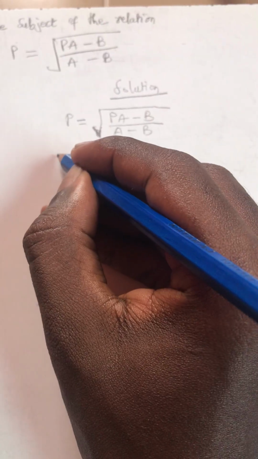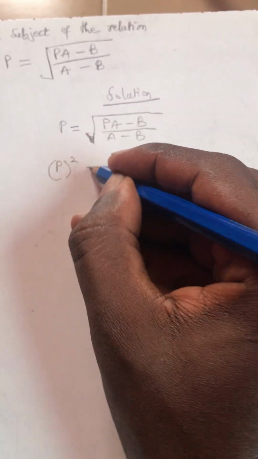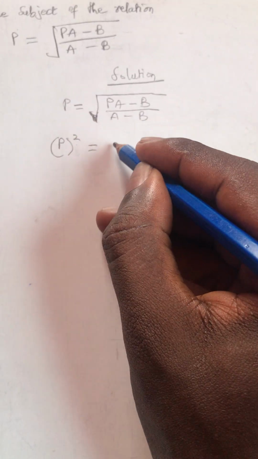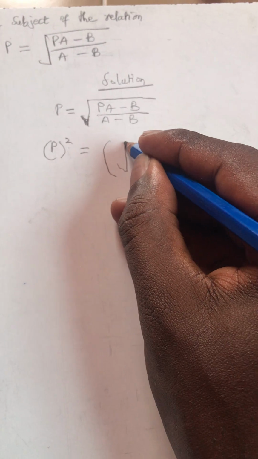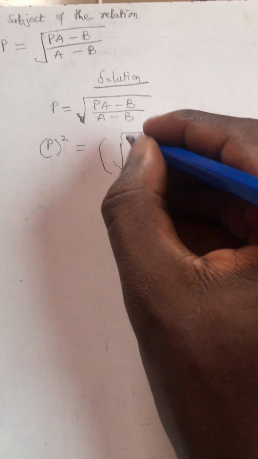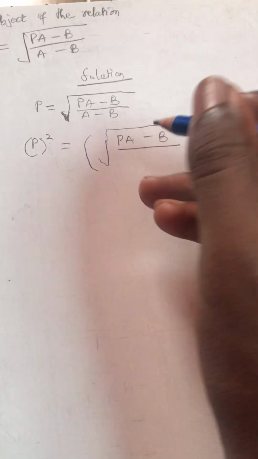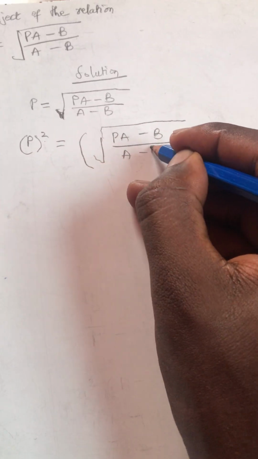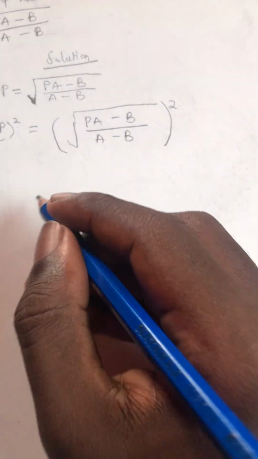So we square P, so P squared is equal to, in bracket, the square root of PA minus B over A minus B, bracket close, all squared, right?